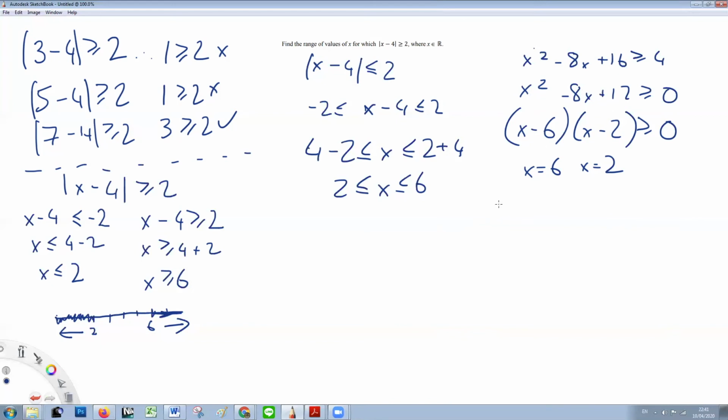So if I subbed in x equal to 1, it's going to be 1 minus 8 plus 12. That's going to be 5, and that statement would be correct. If I said x is equal to 3, that would be 9 minus 24 plus 12. That would be minus 3, and we're saying that value is greater than or equal to 0, and that statement is clearly incorrect.